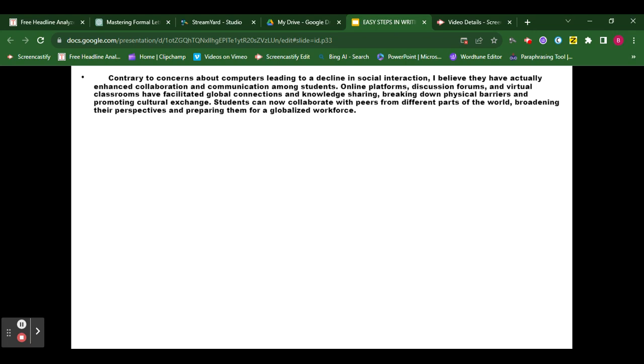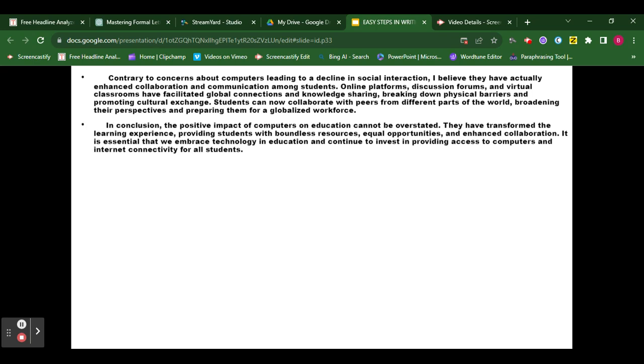In conclusion, the positive impact of computers on education cannot be overstated. They have transformed the learning experience, providing students with boundless resources, equal opportunities, and enhanced collaboration.